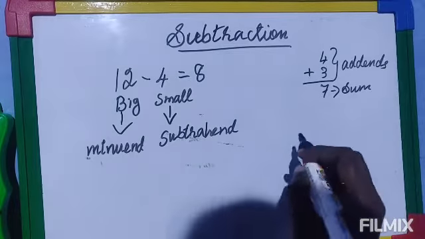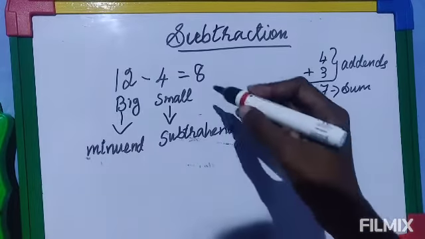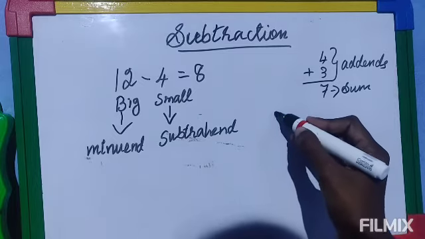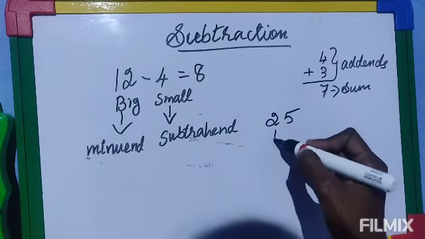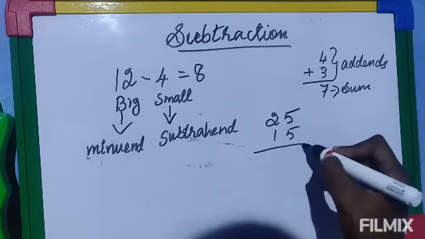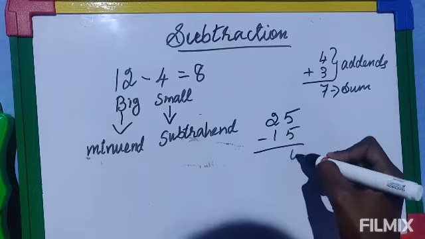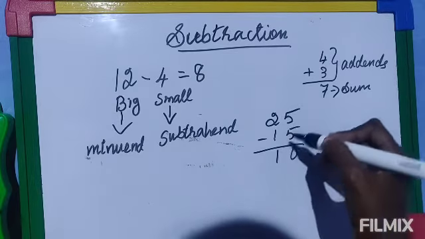And here in subtraction, I will give an example. Suppose you are minusing 15 from 25. 5 minus 5 is 0, 2 minus 1 is 1.